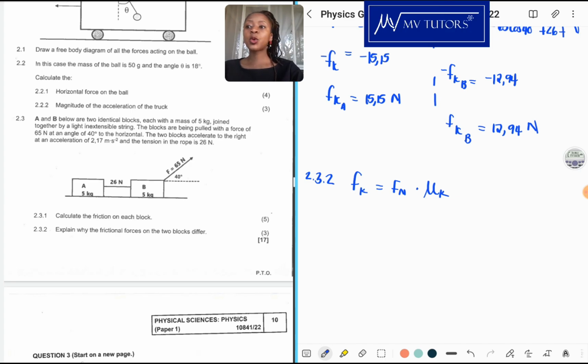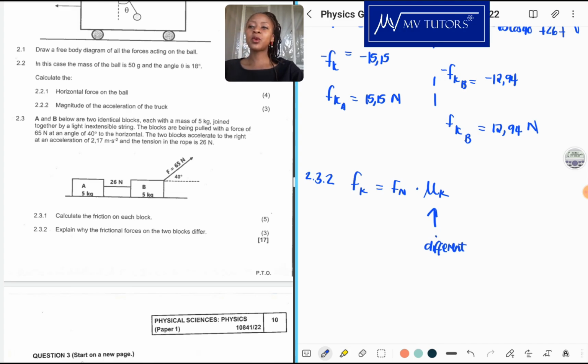So the frictional forces differ because either this value here could be different for the two blocks. It's a possibility, but for me, the likelihood of that being different, I think, would be low.